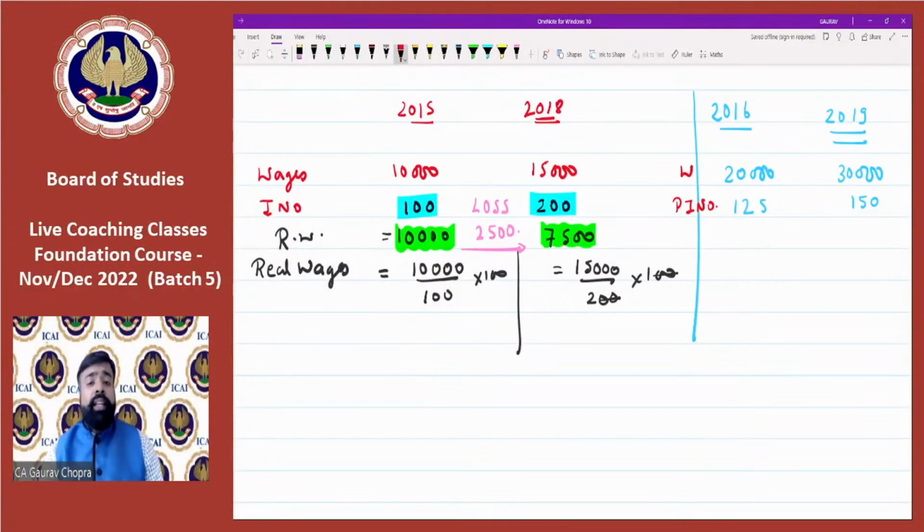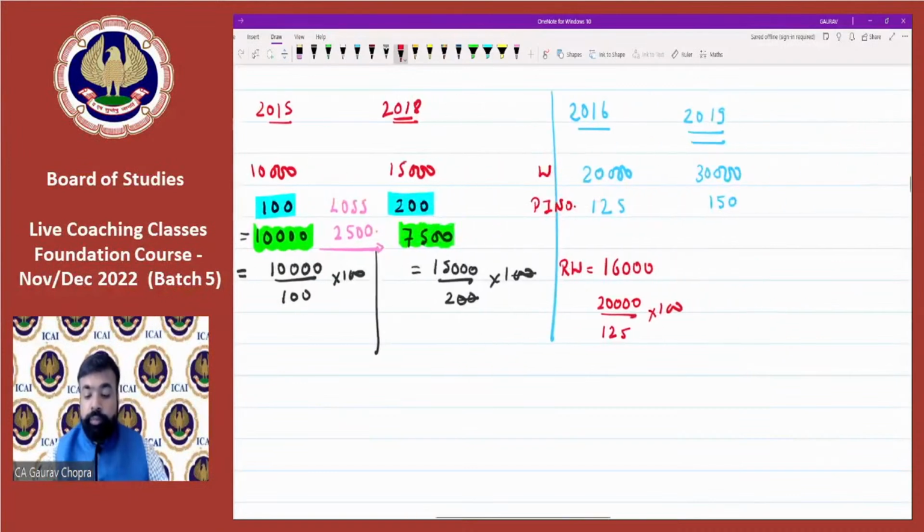We have to find whether the person is gaining or losing. So let us find the real wages: wages upon index number multiplied by 100. 20,000 divided by 125 and then into 100. So we are getting 16,000.